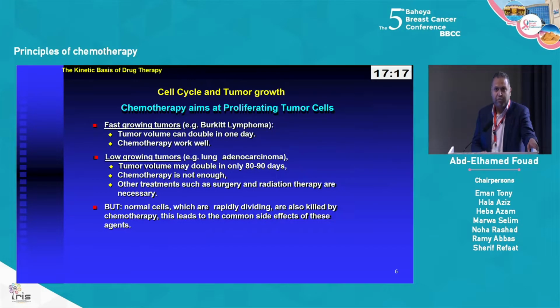Here chemotherapy alone is not enough, and usually we need other treatment strategies like radiotherapy or surgery to control the disease. But normal cells that are rapidly dividing, especially bone marrow cells and the cells of the GI tract, are also affected by chemotherapeutic agents, and this leads to the most common side effects seen with the use of chemotherapy.